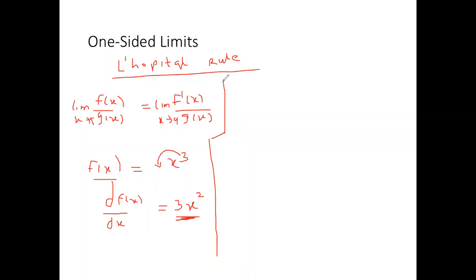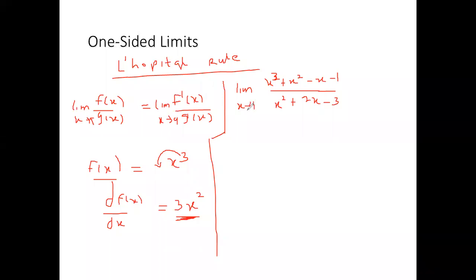So assuming I give you a function like this, we have to find the limit of, say, x cubed plus x squared minus x minus 1, all over x squared plus 2x minus 3, where our limit is x approaching 1.